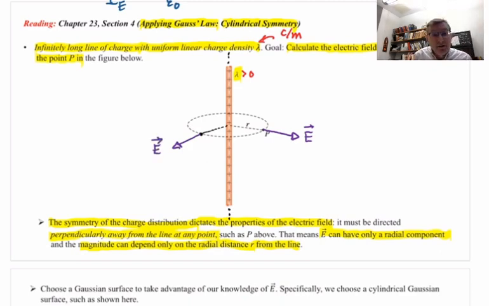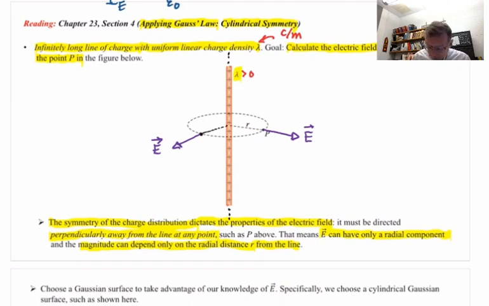But its magnitude would be the same as the magnitude of the electric field over there on the point P. Why? Because the magnitude of the field depends only on the radial distance r from the line, and those two points I'm talking about are on that circle, and those two points are the same distance from the line. So those two electric field vectors that I've drawn with the purple arrows will have equal magnitudes, but different directions.